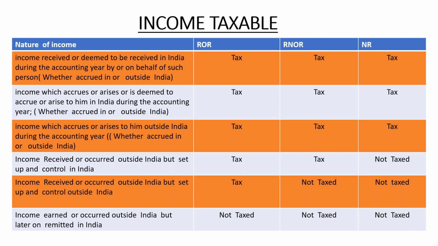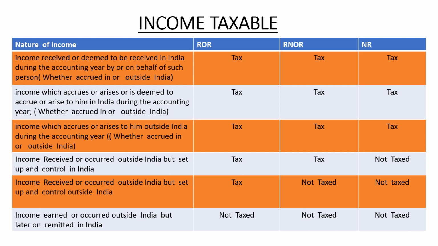Next is income received or accrued outside India but set up and control outside India. It means income is also received outside India, and the setup is also outside India. In this case, only ROR will pay the tax and RNOR and NR will not pay the tax.